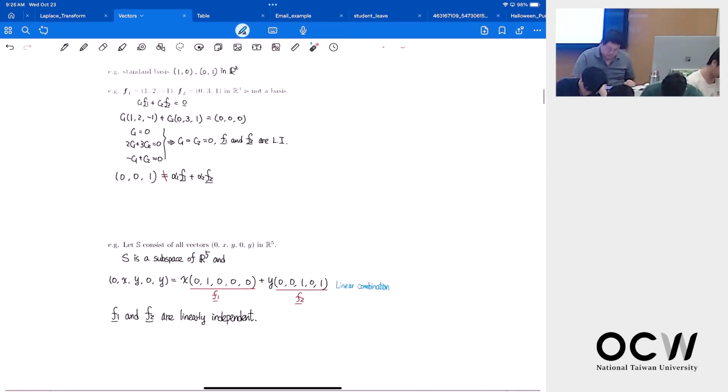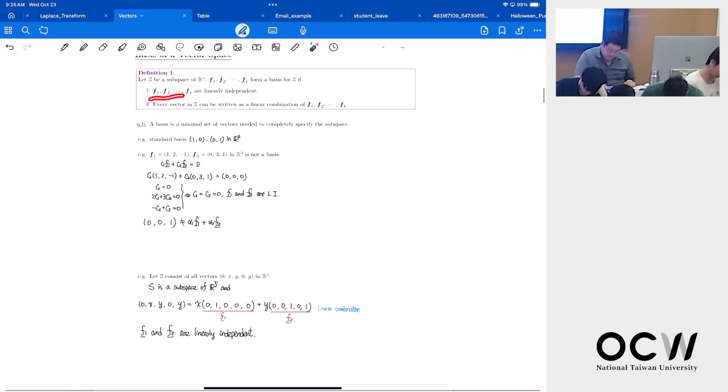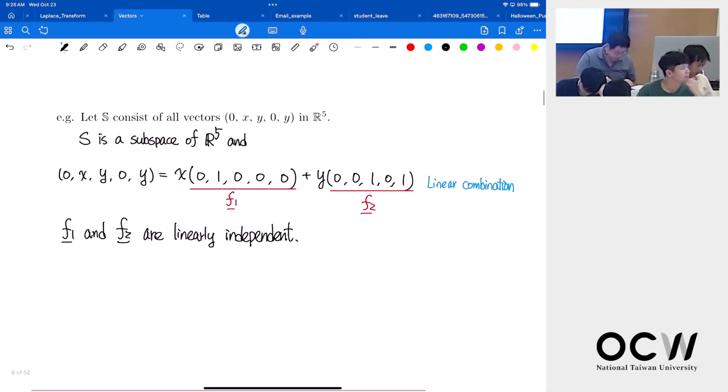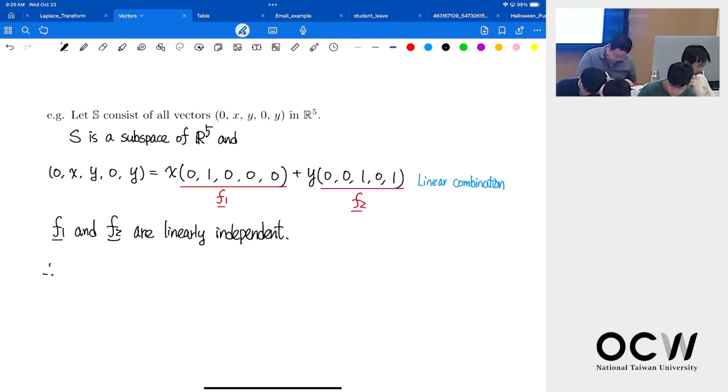So if the vectors are linearly independent, and every vector in S can be written as this linear combination, then we say F1 and F2 are bases or form a basis for this set S. So F1 and F2 form a basis.